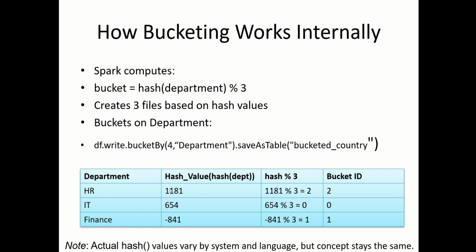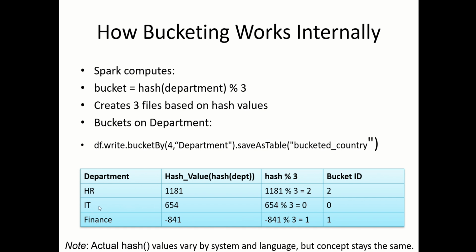So it is generating a hash value for HR. This is the hash key for HR, this is the hash key for IT, and suppose this is the hash key for finance. Now whatever hash key got generated, it will divide that by 3 and get the remainder. So here the remainder is 2, here it is 0, and here it is 1. That means all the data related to HR will get saved into partition 2 or bucket ID 2.